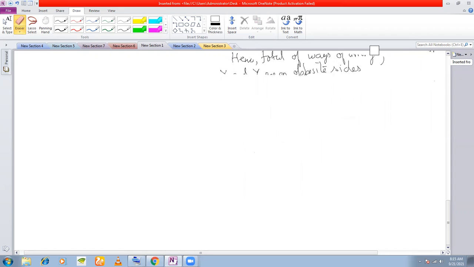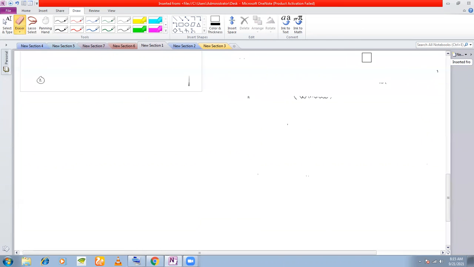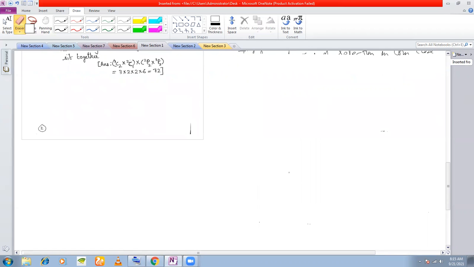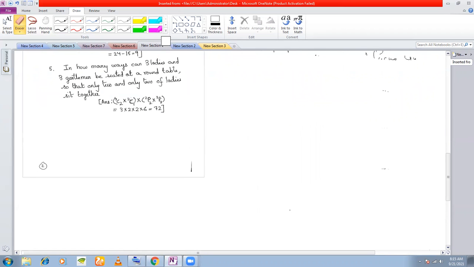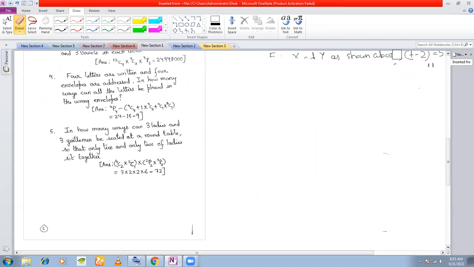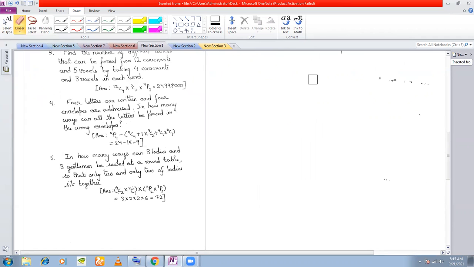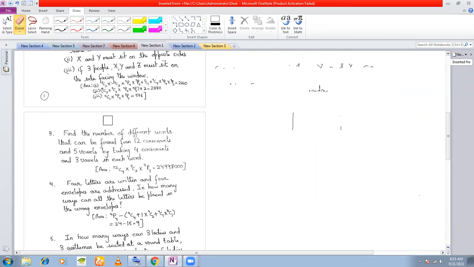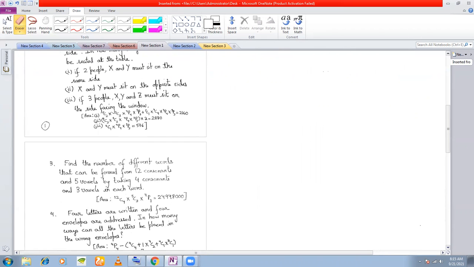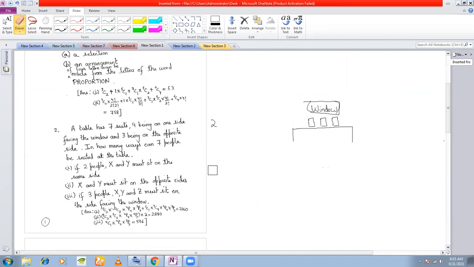Third case. Not third case, third part of the problem, in fact. Okay, so we have the initial arrangement as the same.